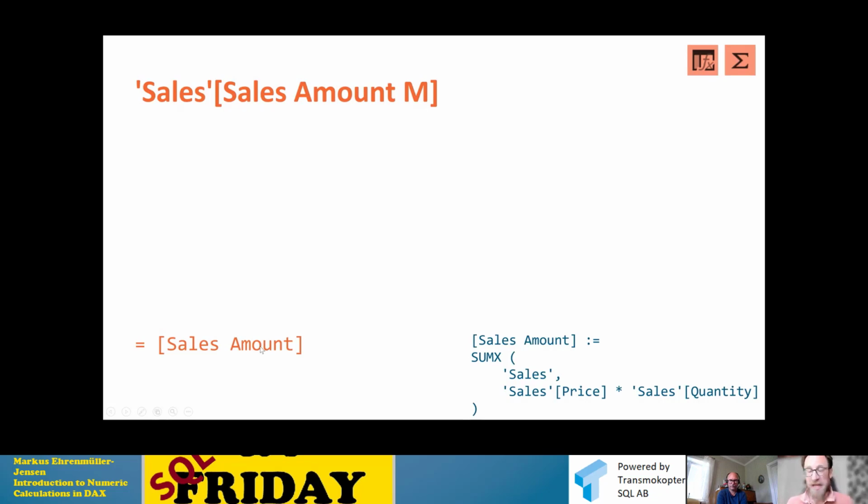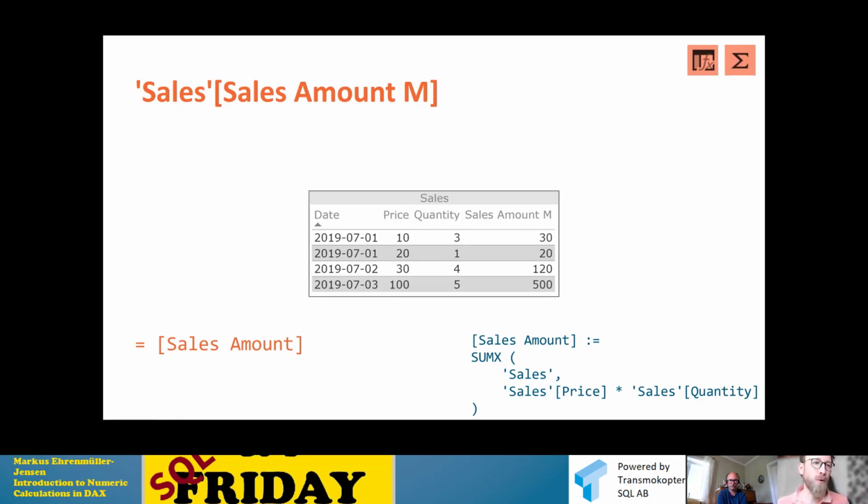So what's happening here? Again, you can have one or the other expectation. Fact is, we're seeing only the sales amount per row and not 670 here. Why is this? This could be confusing because it's the same formula. It's just inside of a measure and then referred to in a calculated column.